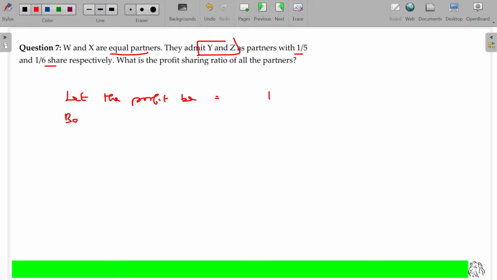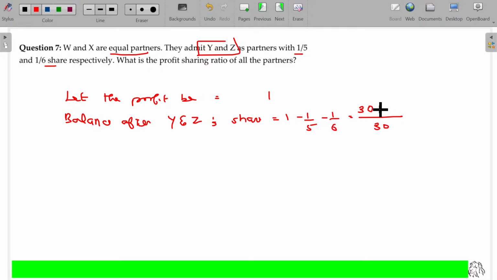Balance after incoming partners' share: 1 minus 1/5 minus 1/6. Take the LCM 30. So 30 minus 6 minus 5, 19/30 is the balance.